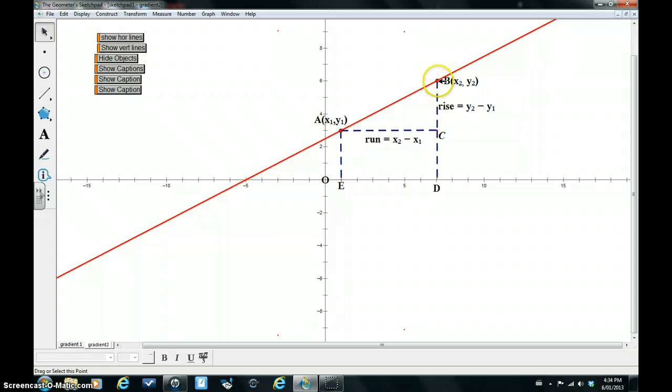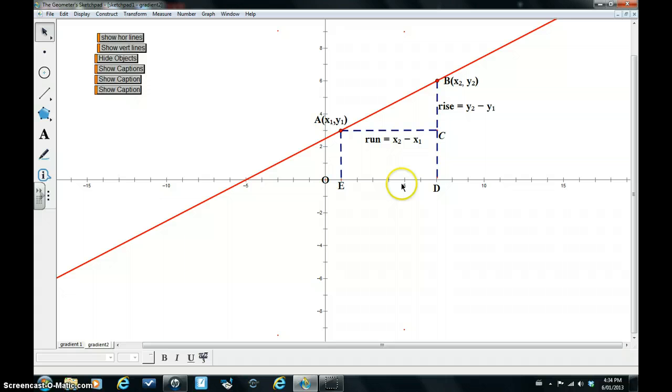It's the y coordinate of point B. If you subtract AE, which is y1, the y coordinate of A, you have the rise. So the rise is y2 minus y1.